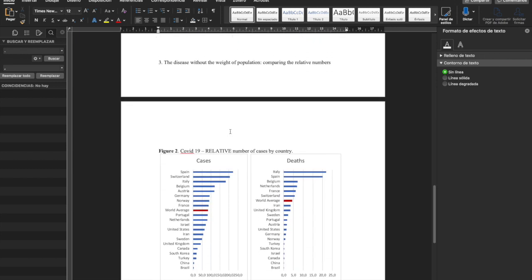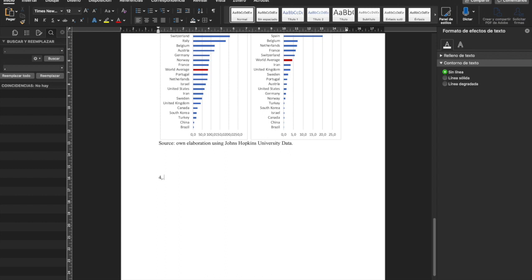So I can compare the two, etc. And I can have a fourth topic saying how cases and deaths are related, and then you can explain how health systems are being able to avoid deaths once cases are diagnosed.